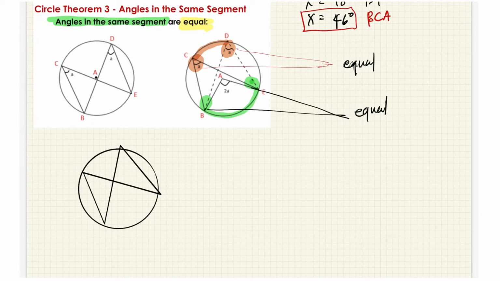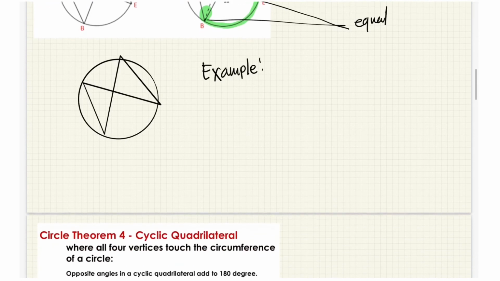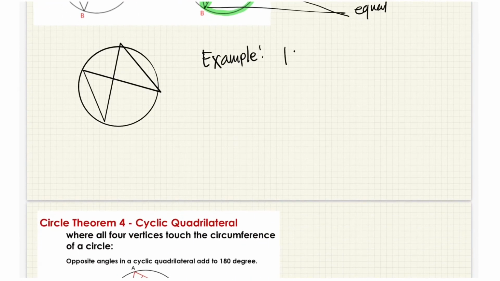Let's label this as A, B, C, and D. Now if ABC is equal to 44 degrees, find ADC.